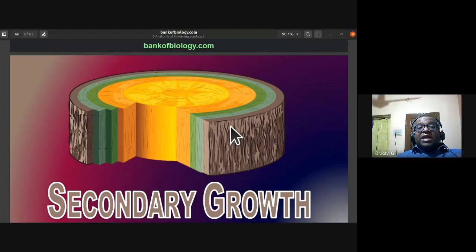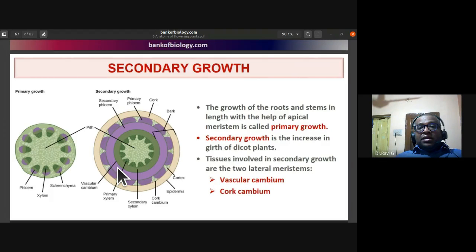The cambium within the vascular bundle we call intrafascicular cambium. Then there were medullary rays in between the vascular bundles. Keep this structure in your mind and then proceed with the study of secondary growth in dicot stem.